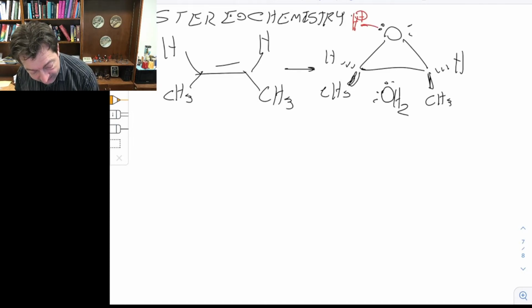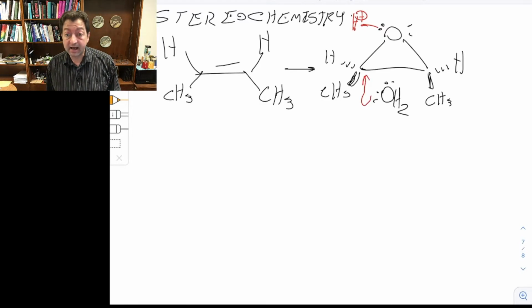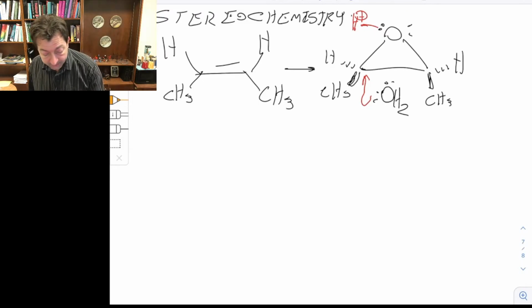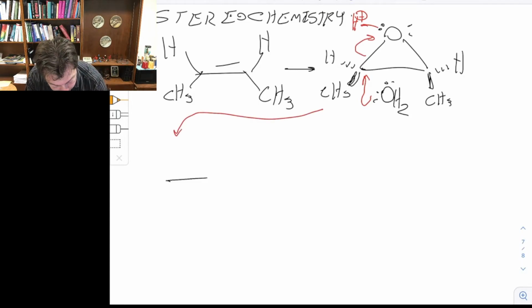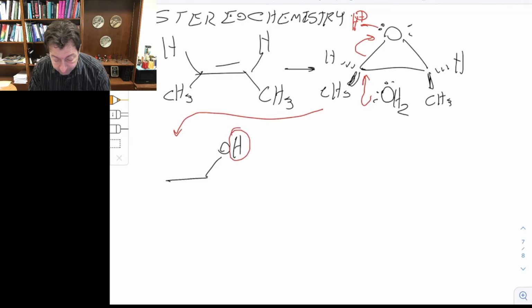And let's look at what happens if we attack with that H plus and attack this carbon atom with the molecule of water to ring open in that direction. What we'd observe over here is that's the red proton.